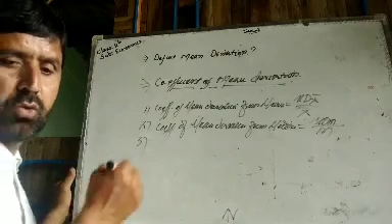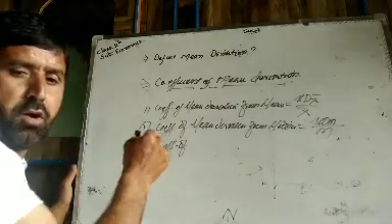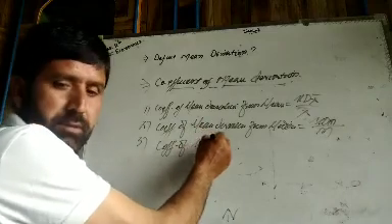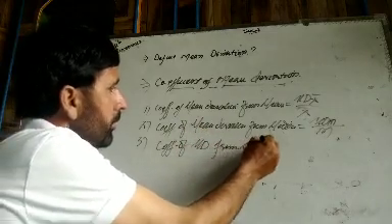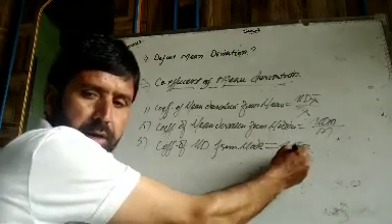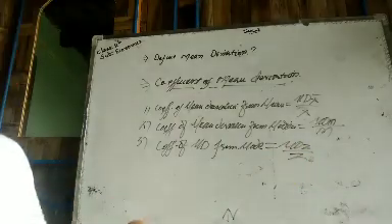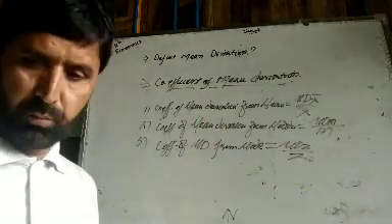And number three, coefficient of mean deviation from mode is equal to MD_Z upon Z, that is mean deviation from the mode upon the mode.